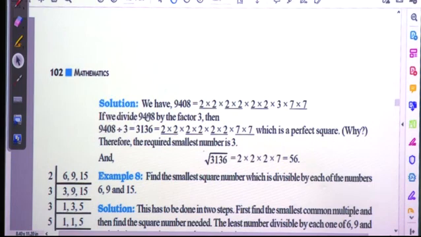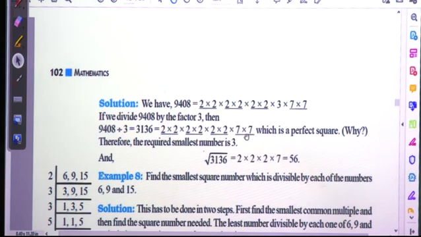If we divide 9408 by the factor 3, then the quotient is 3136, which is equal to 2 three times in pairs and 7 once in a pair, which is a perfect square. Why? Because you can see the groups, you can see the pairs.